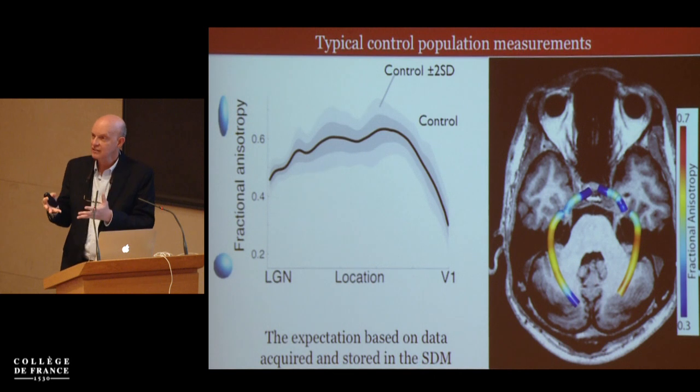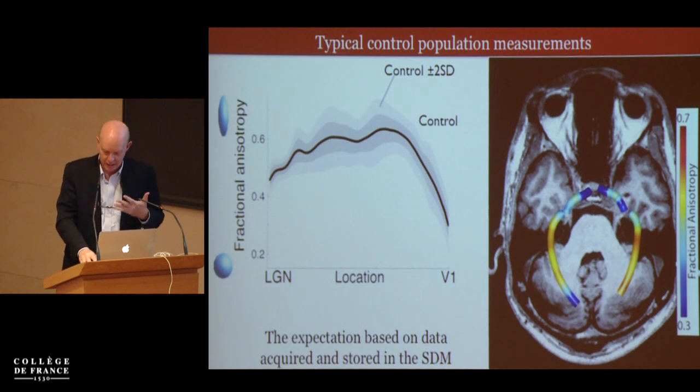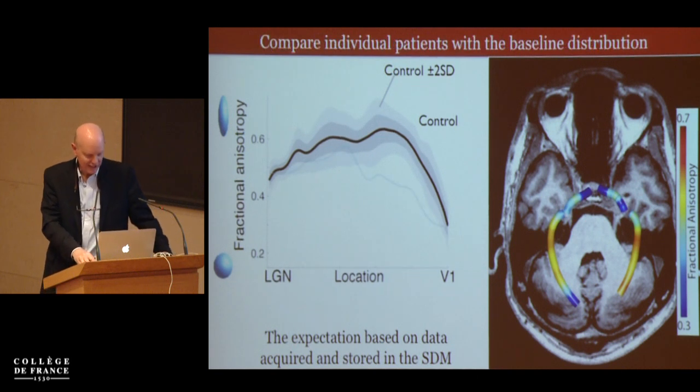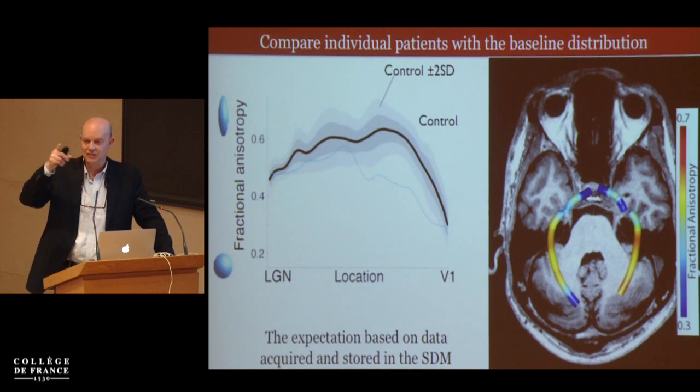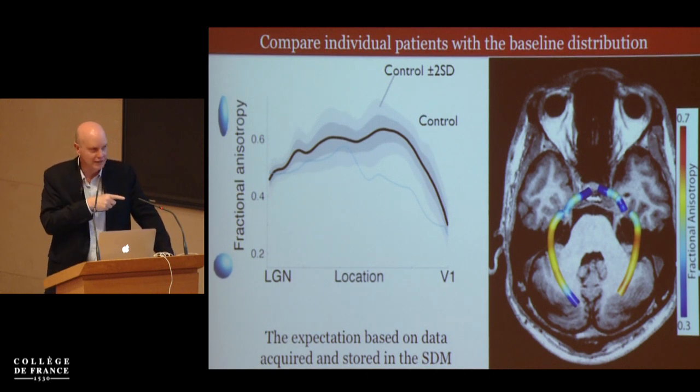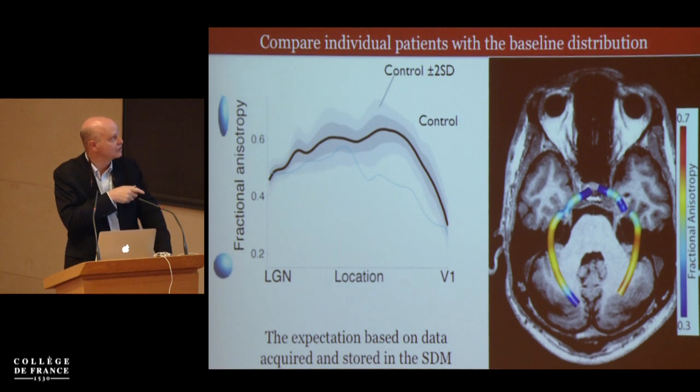And now you can take somebody who has some type of retinal dysfunction, and what Shumpei Ogawa did was collect up a set of patients who had Leber's hereditary optic neuropathy, a retinal ganglion cell disease. And somebody asked earlier, is it a ganglion cell disease or a cone disease or a rod disease and so forth? So this is a ganglion cell disease.